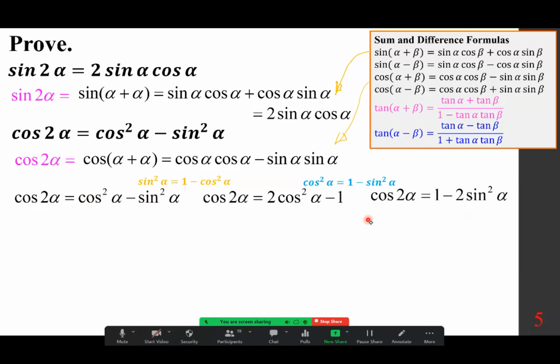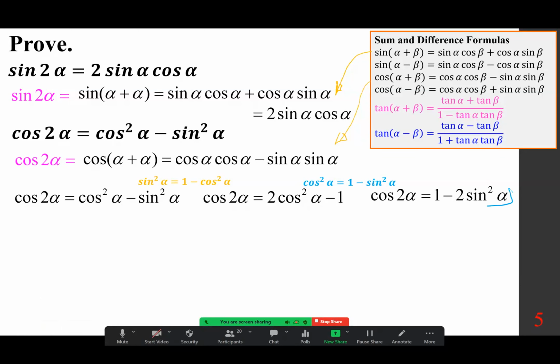Now, if I want to solve for sine squared, look at this formula. I'm going to take the 1 to the other side. Or better yet, let me just write it at the top here. So you see how that works, and then the rest of them you can figure out.